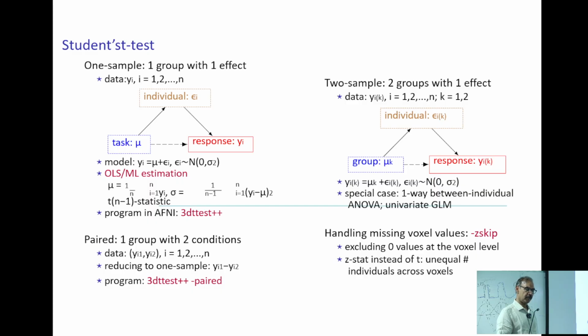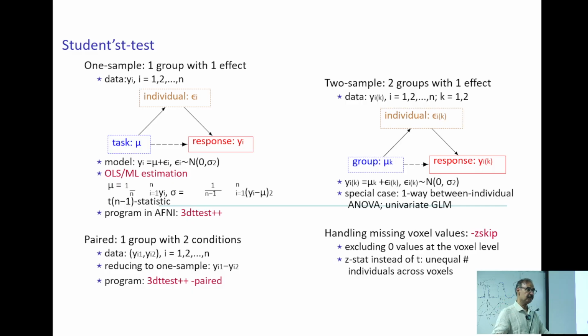The second one is, let's say, one group with two conditions, right? So one is simple finger tapping or slow finger tapping is one condition. The second one is fast finger tapping, right?